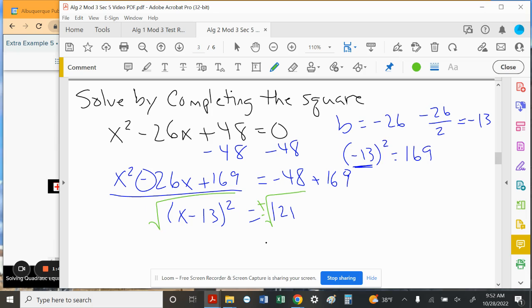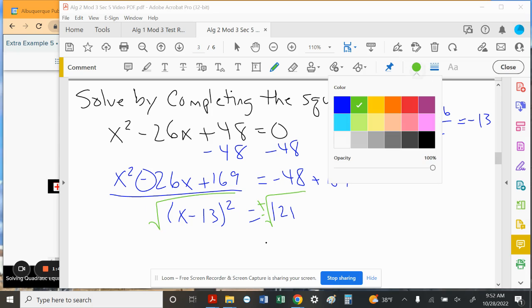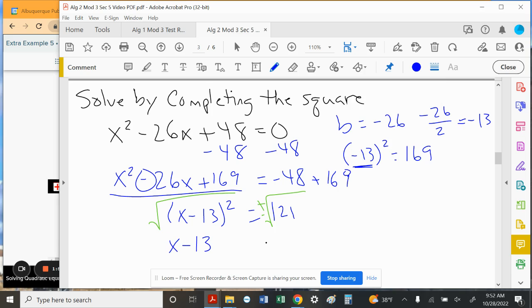I'm going to add a plus or minus in front. When I take the square root, I get x minus 13 equals plus or minus 11. That then gets me, I'm going to add 13 to both sides. So I get x equals 13 plus or minus 11.